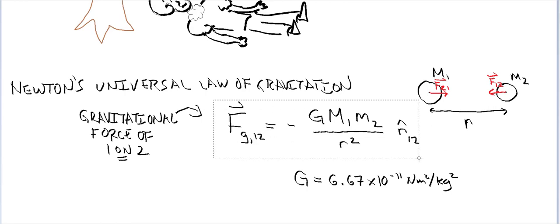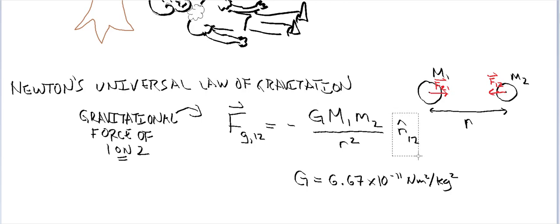And we can describe them as minus capital G times m1 times m2 divided by r squared. Remember that forces are vectors, and the way that we're going to describe the vector is with an r hat, where remember the hat is how I denote a unit vector. It has length 1. It just purely describes the direction, so it doesn't scale the vector.